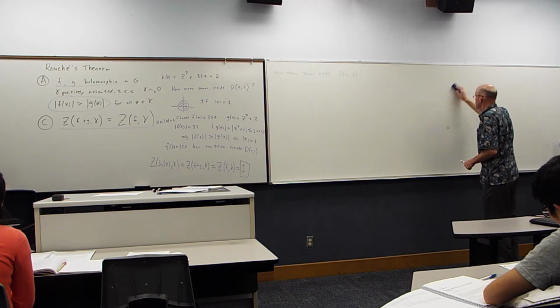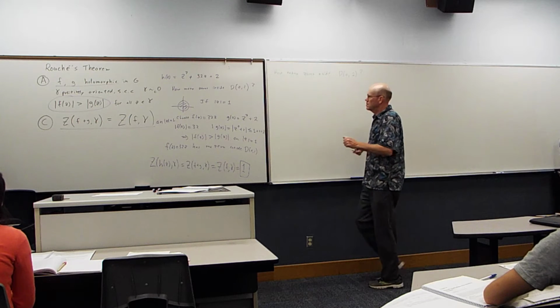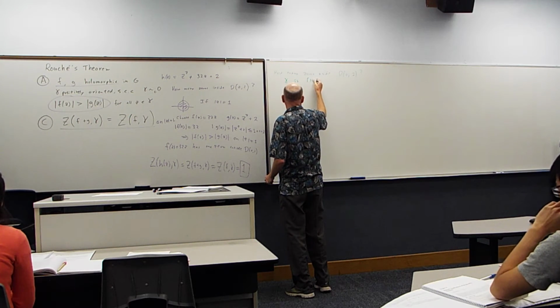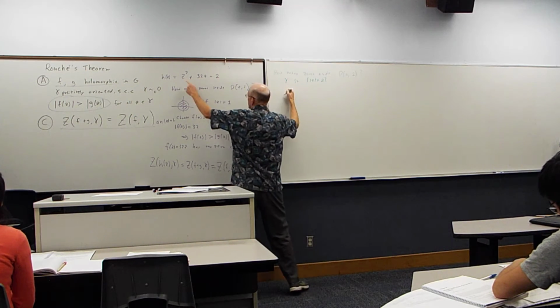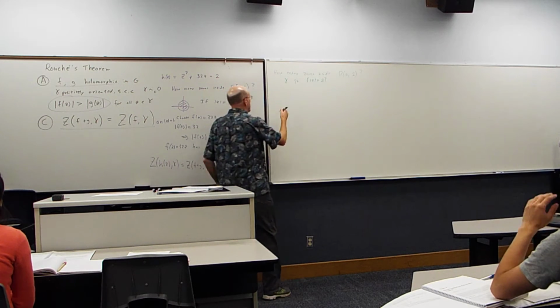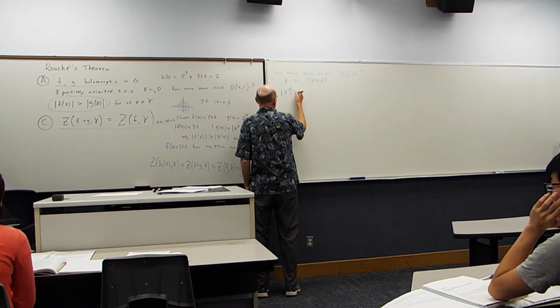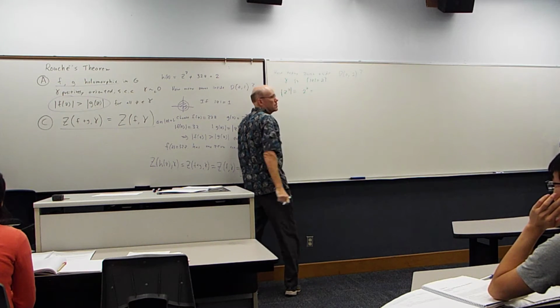So here, on the boundary, your f of z would be z to the 7th now. So z to the 7th is going to be 2 to the 7th, which is 128.